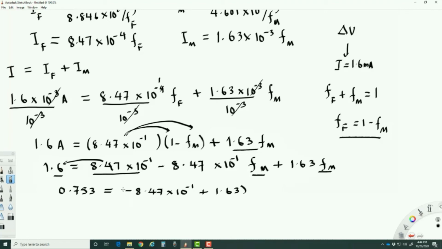You take FM out because it's common, and then subtract this from that, so 1.63 minus 8.47 times 10 to minus 1, and that gives me 0.783 FM.